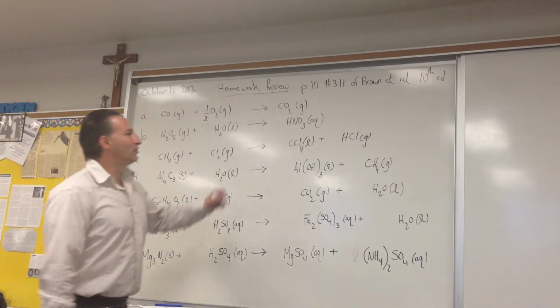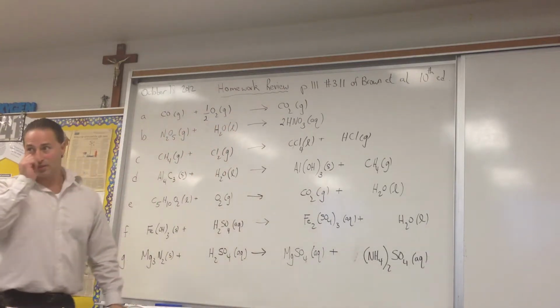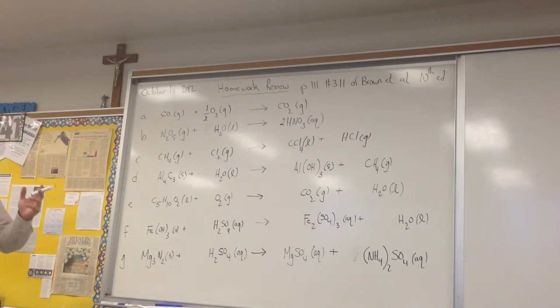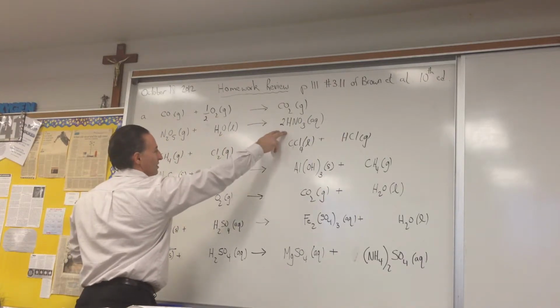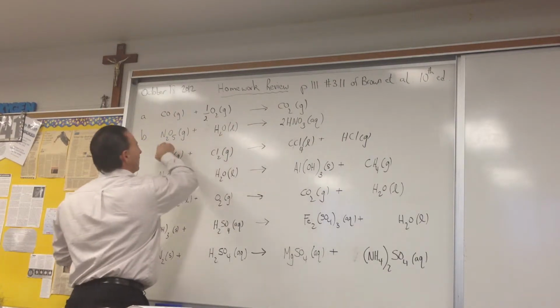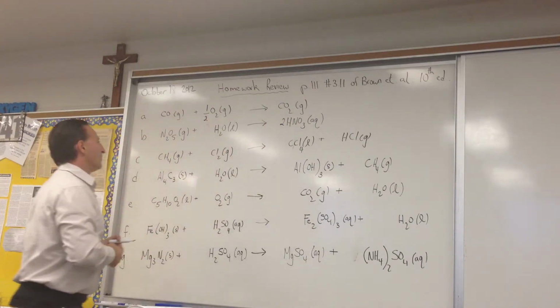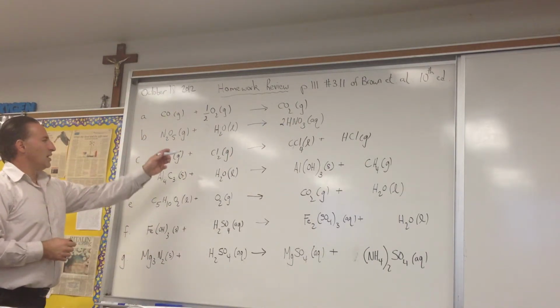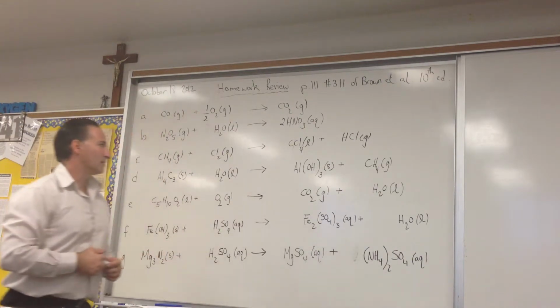So let's write 2. See, even though you started from 2 different spots, you got lucky on this one, and you get the correct answer anyway, because the 2 hydrogens are balanced. We have 2 hydrogens on the left, 2 hydrogens on the right, 2 nitrogens, 6 oxygens, 6 oxygens. So it worked.